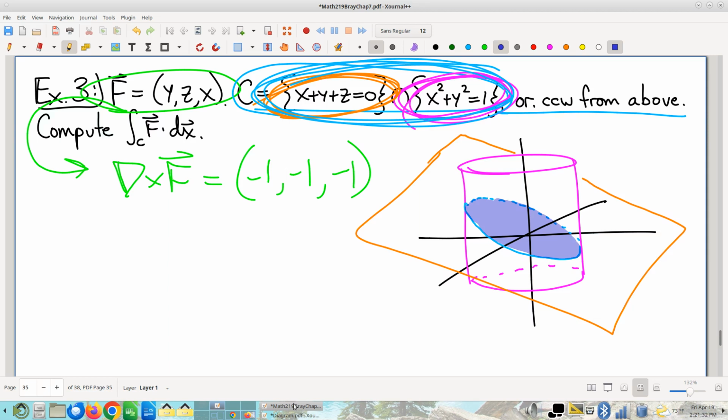Yes? So when we parameterize the curve, are we just parameterizing x plus y plus z equals 0? No. So parameterizing the curve, see the curve is the set of points that satisfy both of these equations, right? So if you just look only at this one equation by itself, that is a plane. And parameterizing a plane is a different thing, right?